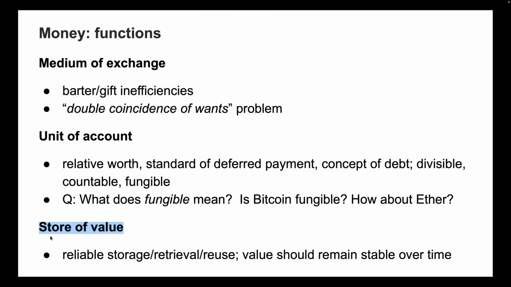And the perfect store of value is the holy grail of these systems. We would like to have a perfect store of value, because then we have a guarantee that the value which we hold today will work next year. But there is no system like that.